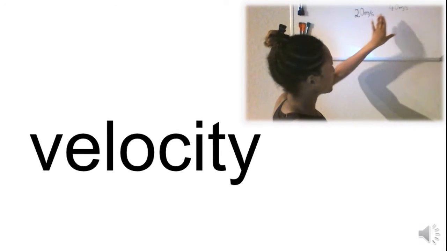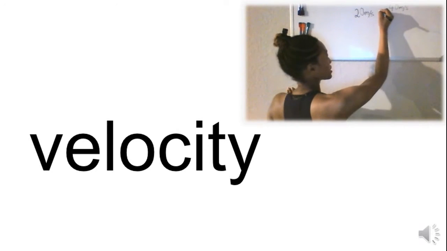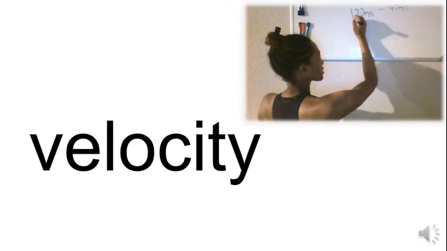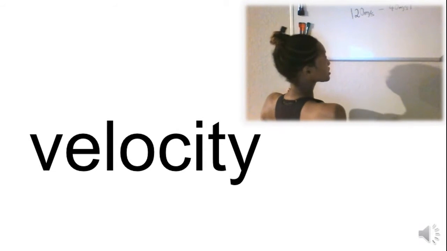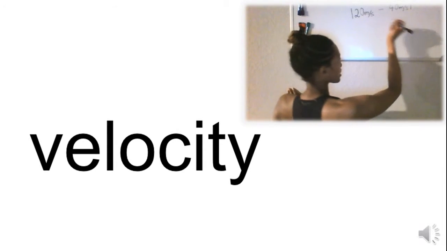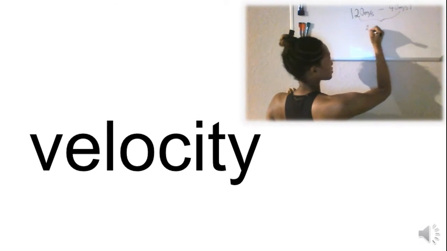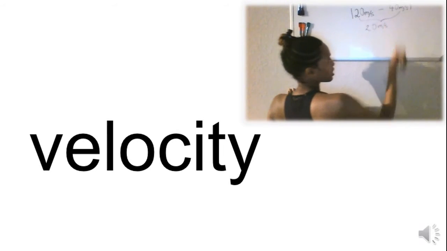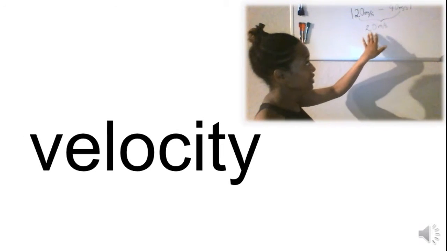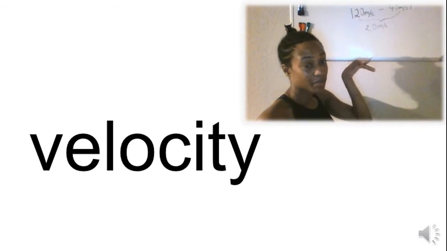So the change in velocity here would just be the absolute value of the difference in the velocities, and that's going to equal 20 meters per second. And so our change in time, we're not going to consider the total time durations.